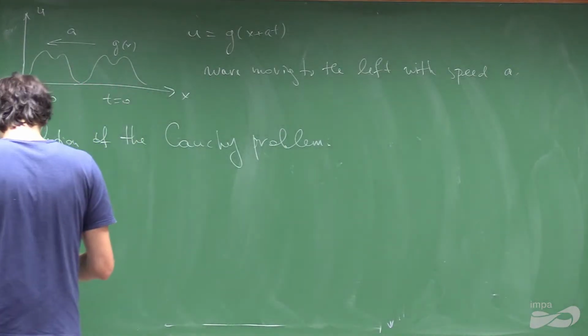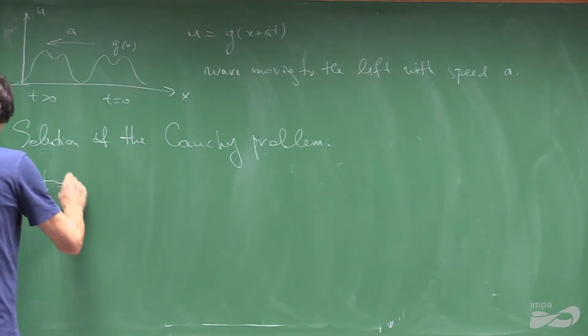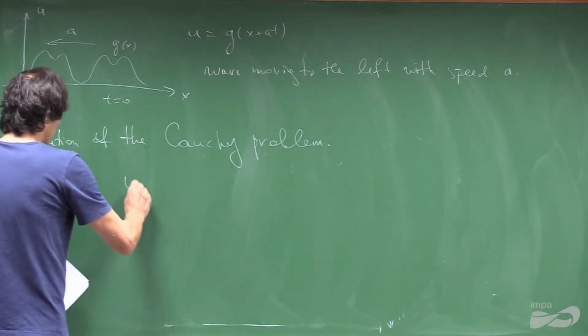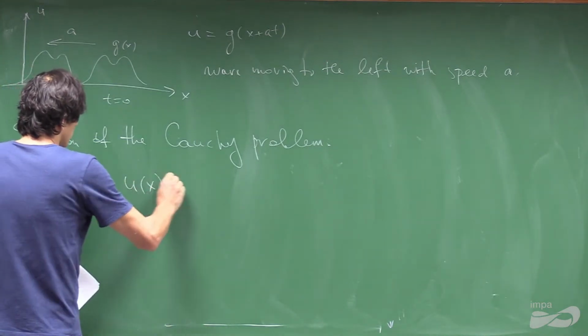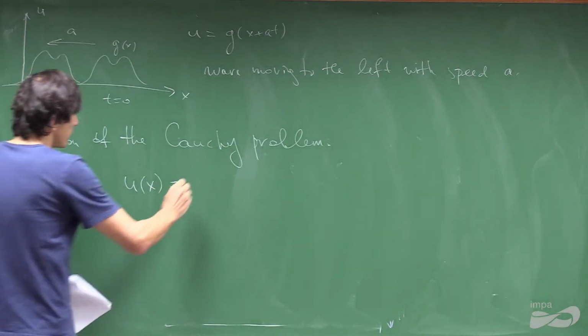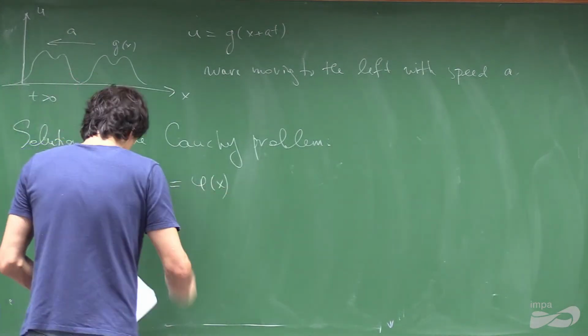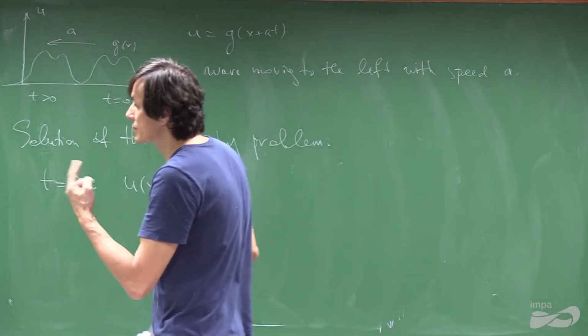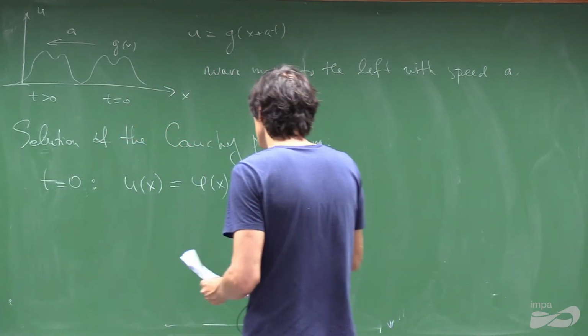And the initial condition means that at the initial time, which we set at t equals 0, we assume that we have an initial shape of the wave. Because the equation of motion is second order in time, we need two initial conditions.